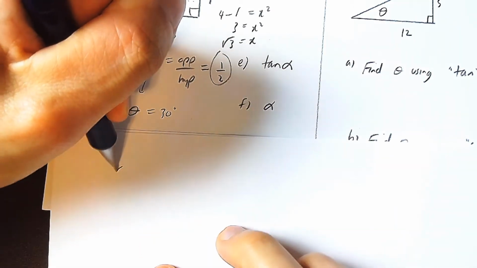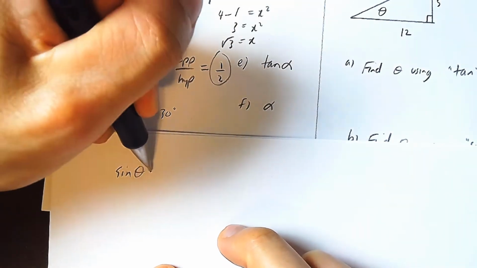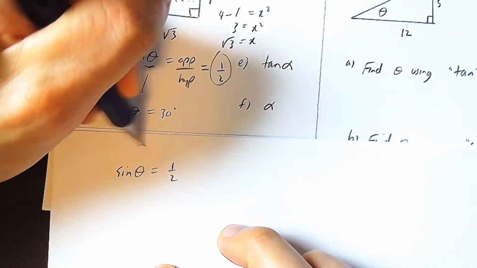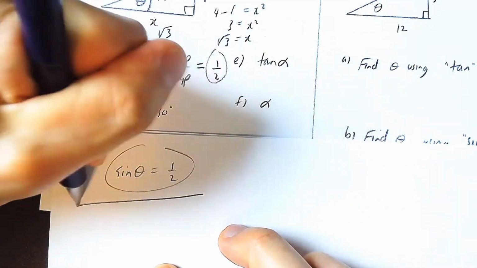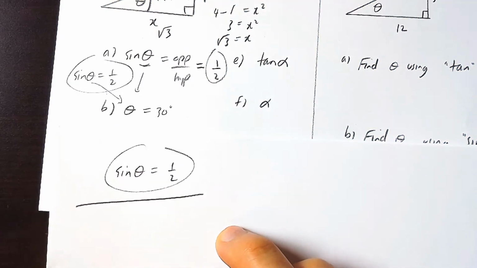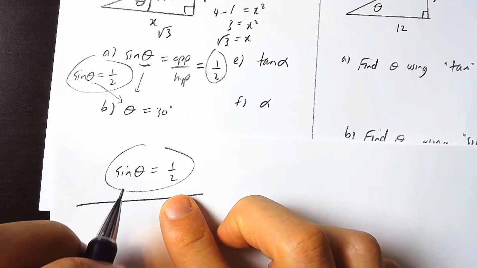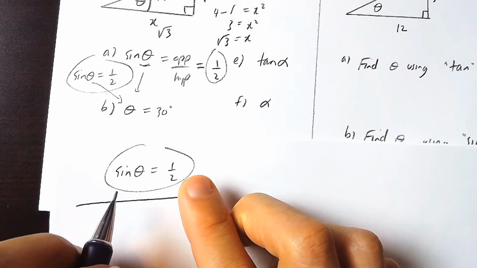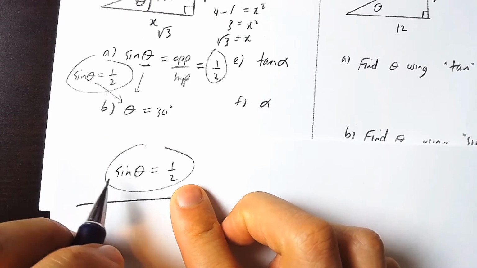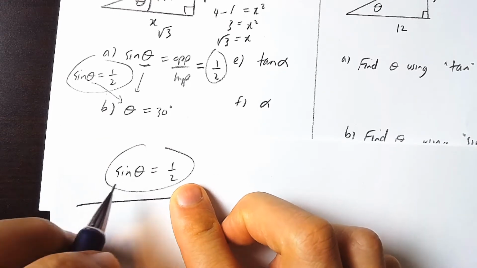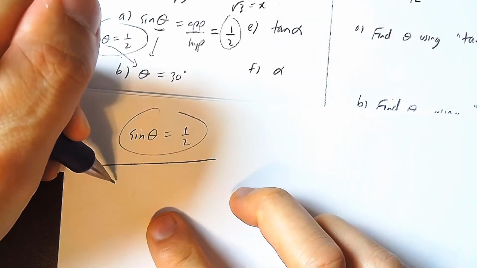When we have sine theta is equal to 1/2, you could almost think of this like algebra. As a fair judge, you can perform the same operation to both sides. We're going to trig inverse both sides.